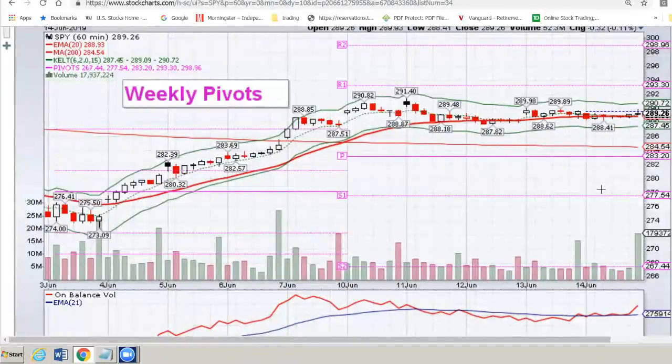So that's important to pay attention to, and to be sure you know what levels are being examined. That's a key variable.